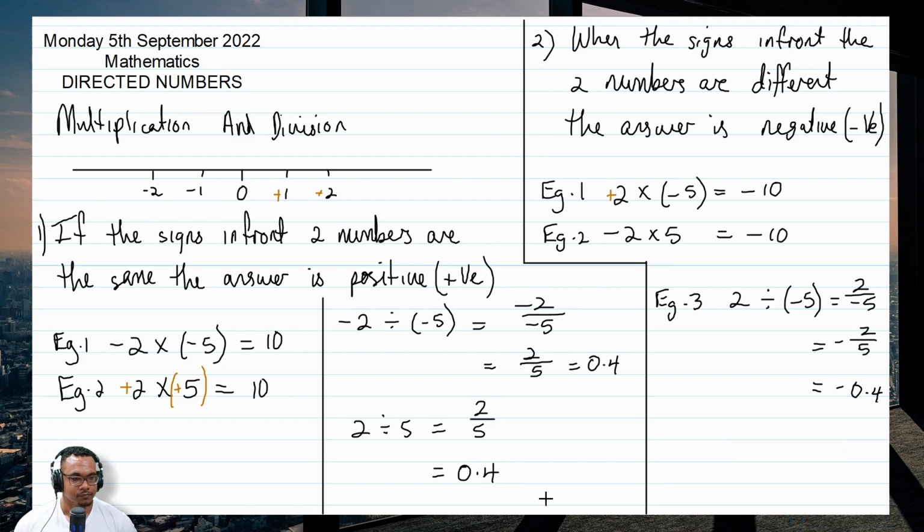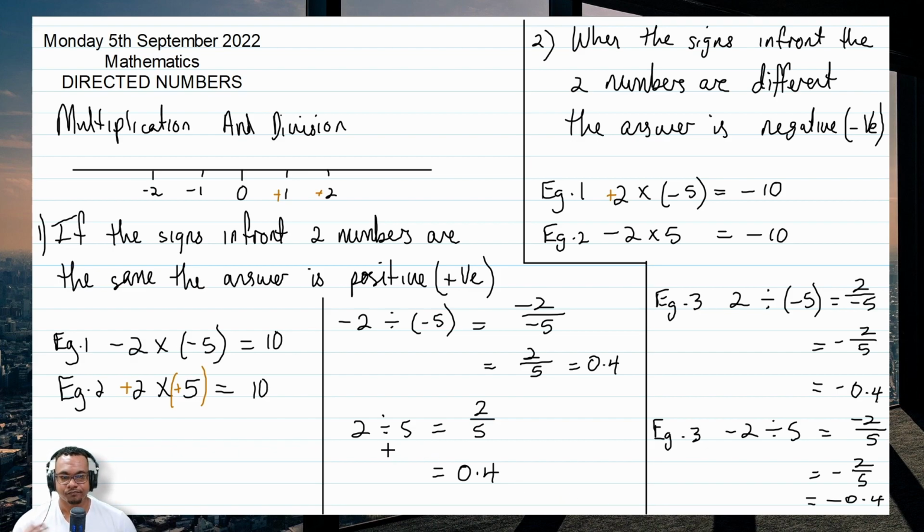Yeah, and same thing. If I change it around to, say, example 3, right? If I put a negative sign in front, negative 2 divided by positive 5, signs are different. So that's negative 2 over 5, all right? Which simply means the entire fraction is negative, so negative in the middle, all right? Negative 2/5, which is negative 0.4.